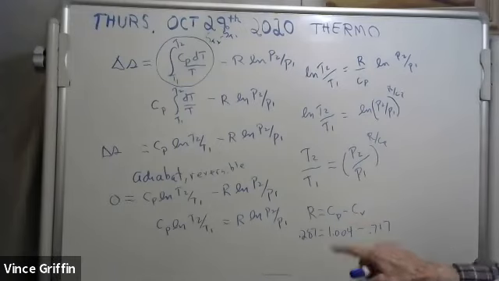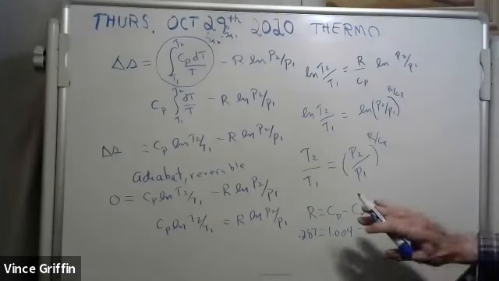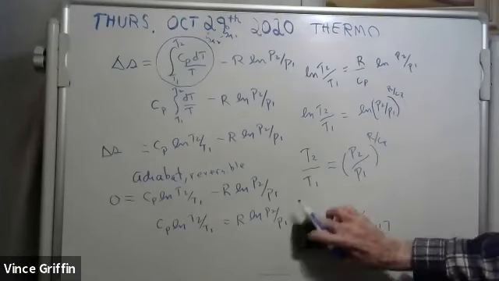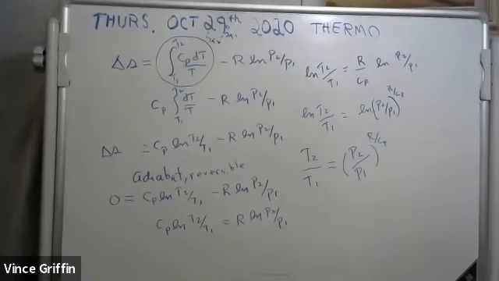In fact, this is good for all ideal gases. There's a relationship. I don't know if I showed you that. I can't remember what I've shown you and what I haven't. But knowing that, we're going to do a couple more steps here.